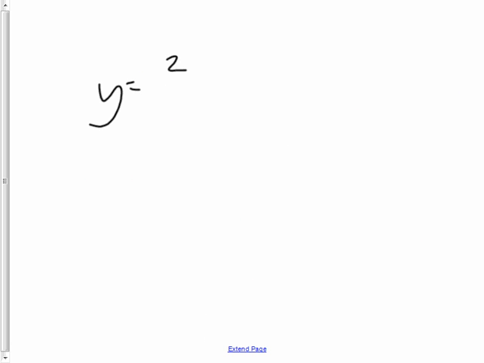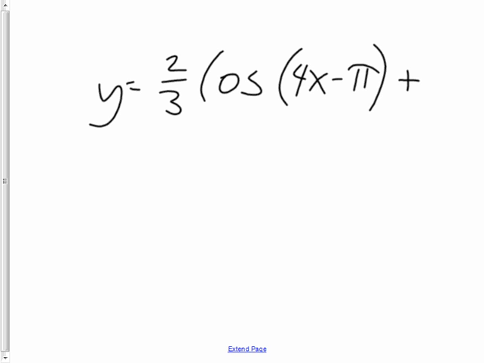Y equals 2/3 cosine of 4x minus pi plus 2. You should be able to tell me. You don't have to label them all. Just tell me what's A, what's B, what's C, and what's D. I know A is the amplitude.